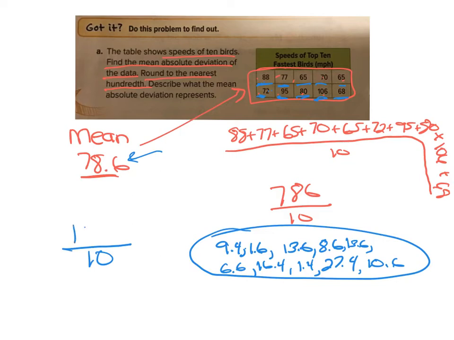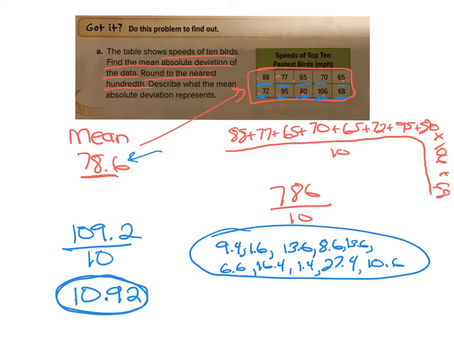And it gets me 109.2. And when I divide that by 10, it gets me 10.92. And that right there is my mean absolute deviation.